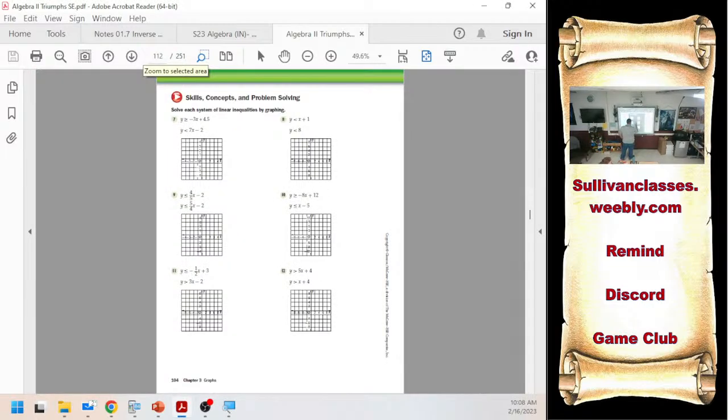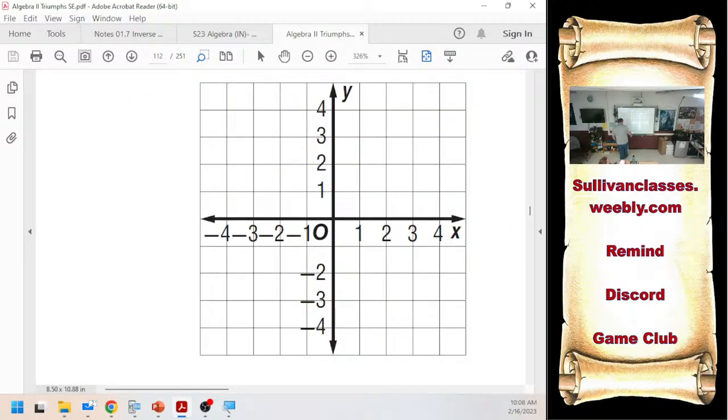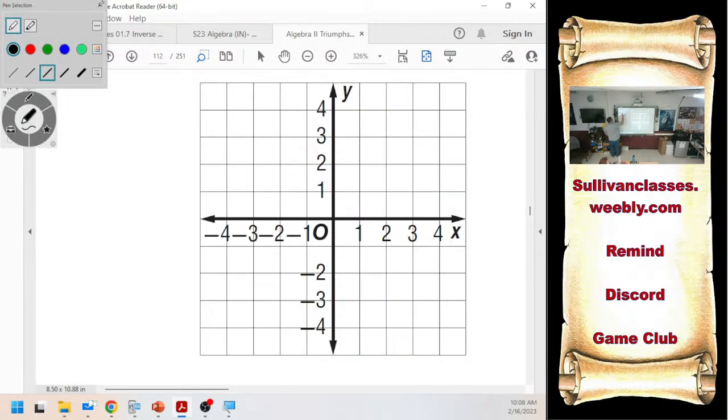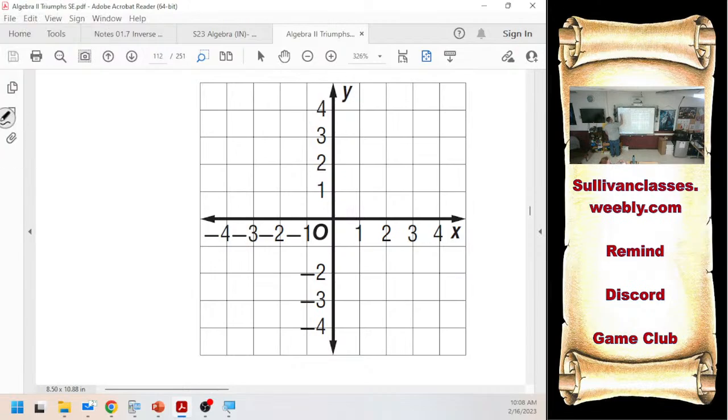Let's find here's a blank graph. Here we go. 3.4 systems of inequalities.